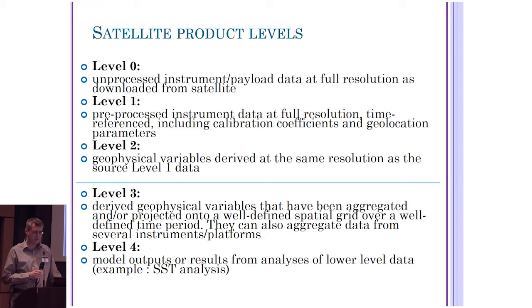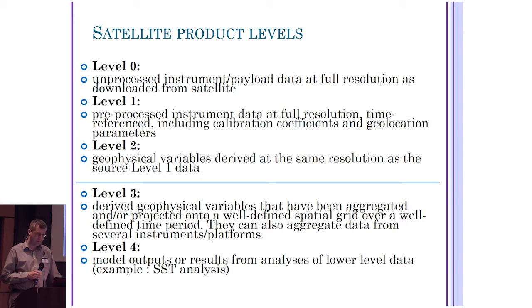At level 1, the data have been pre-processed, so they are still at full resolution, but they've been calibrated and geolocated, but you haven't yet got the geophysical parameter that you're after, and that's what happens at level 2. But again, they're still on the satellite projection.